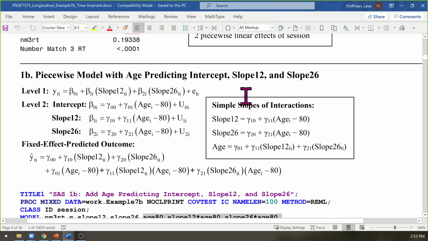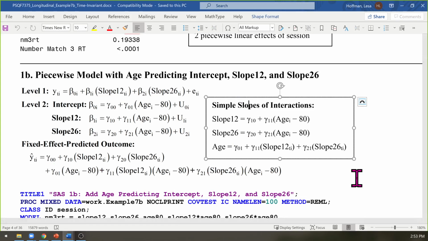Now this box right here. What I'm trying to show is how the slope for each of these three predictors is a linear combination of the variables that it interacts with. So if I wanted to say, what is the expected slope 1, 2 for a given person, I now have to know how old they are, because slope 1, 2 varies as a function of age.